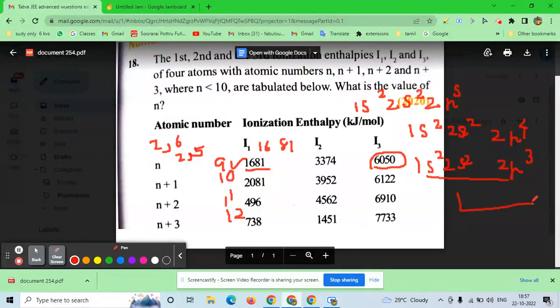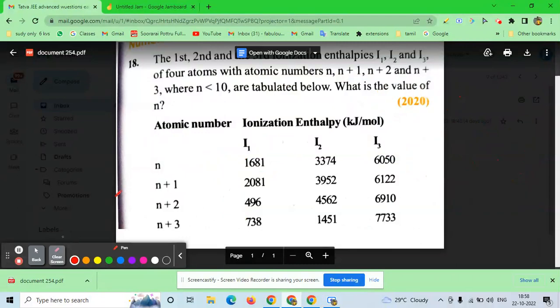So as per the electronic configuration, the electrons in the p orbital would be filled like this: one in each orbital.